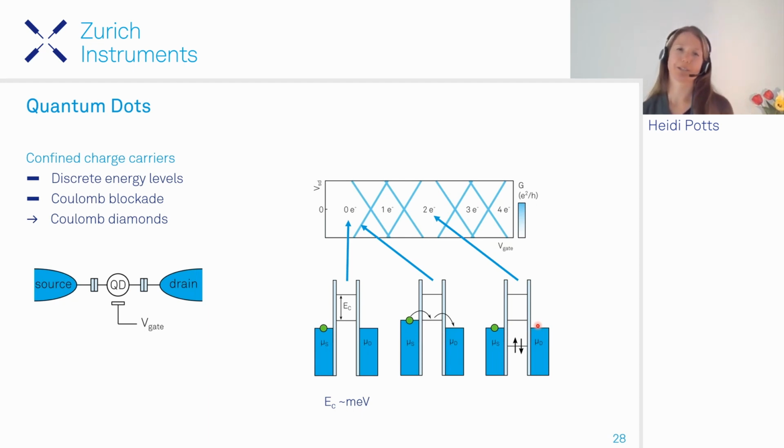So overall, if you want to characterize a quantum dot device, you typically record these two-dimensional diagrams where you record the conductance through the device as a function of gate voltage and source drain bias voltage.